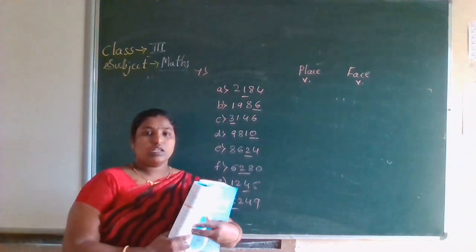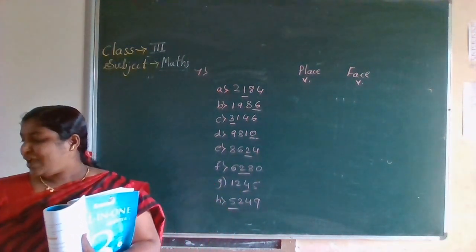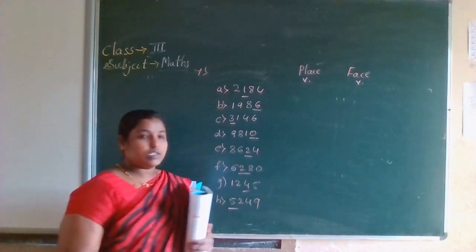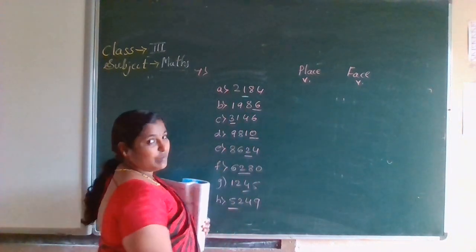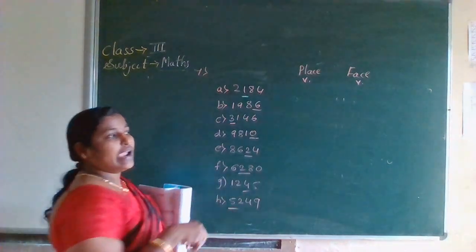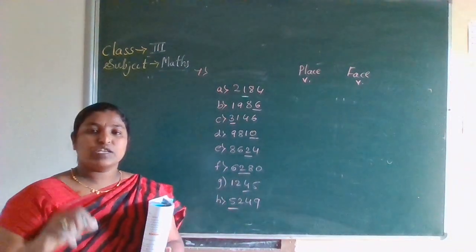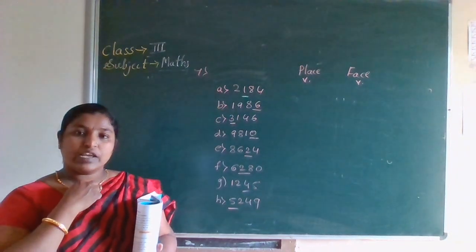Okay, these are the examples. We have to write place values and face value. They have underlined some digits. For that underlined number we should write the place value as well as the face value.